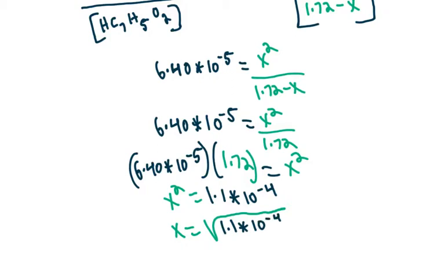If you do that, you're going to get X equals about 0.0104, or 0.0105 if you round it up.